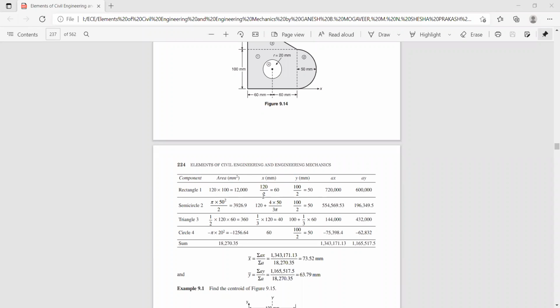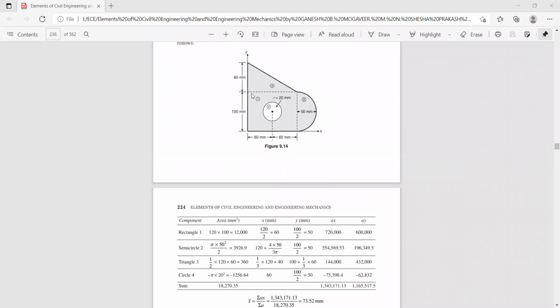Now you can see here x1 works out to be 120 divided by 2, that is 60. x2 is 120 plus 4r by 3 pi. And x3 is one third, that is b by 3, measured from this point to this point. So it is 120 by 3, which works out to be 40. And x4 is nothing but 60, the center of the circle.